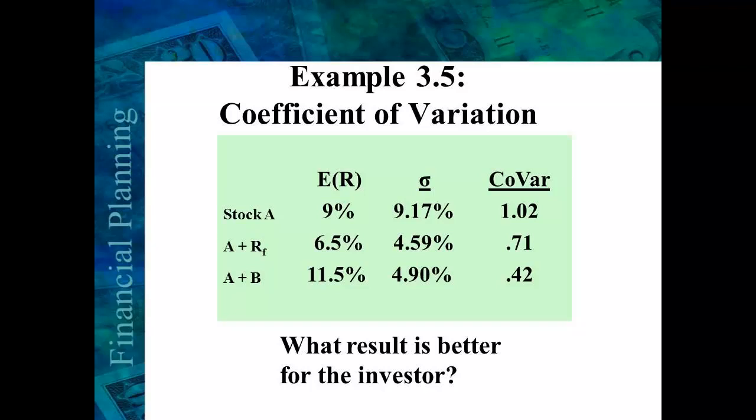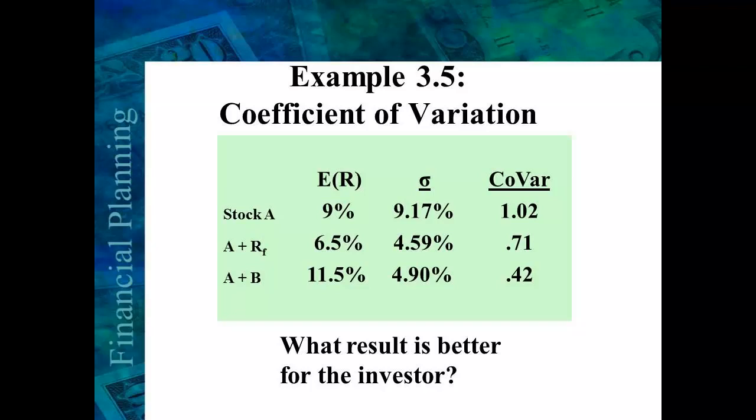For the risky asset with a risk-free asset, the coefficient of variation is 0.71. That was calculated as 4.59% divided by 6.5%. Combining two risky assets, the coefficient of variation is 0.42, or 4.9% divided by 11.5%.